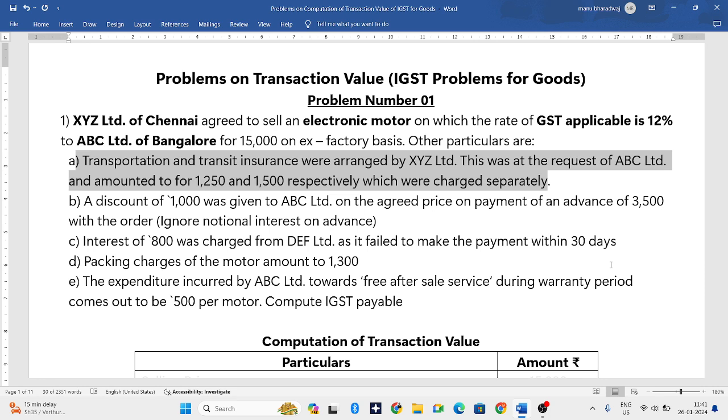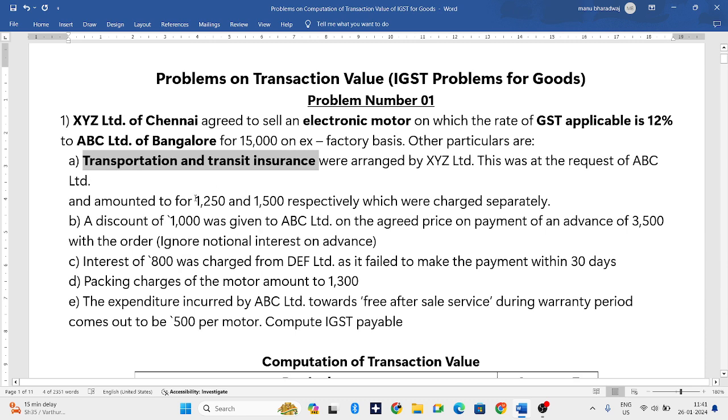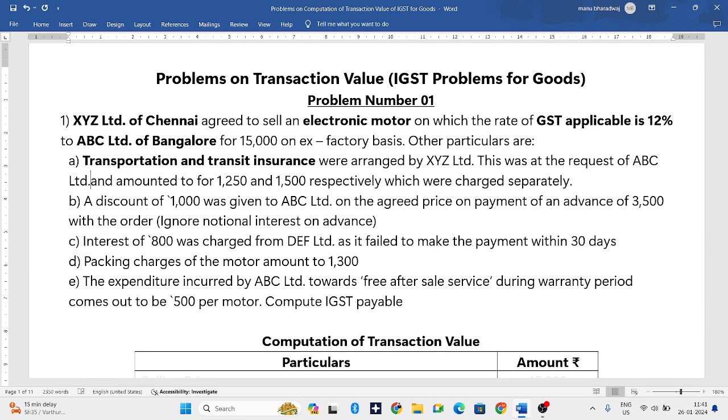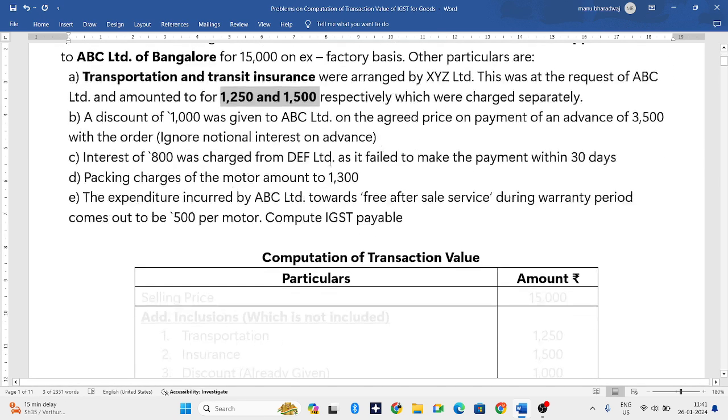The ABC Limited requested XYZ Limited to arrange a separate transportation facilities. So on request of ABC Limited, they have arranged transport facilities. So the transportation and insurance expenses are as follows. Transportation is 1250 and insurance is 1500 rupees. That also they have given in the question, which is charged separately, means which is not included.